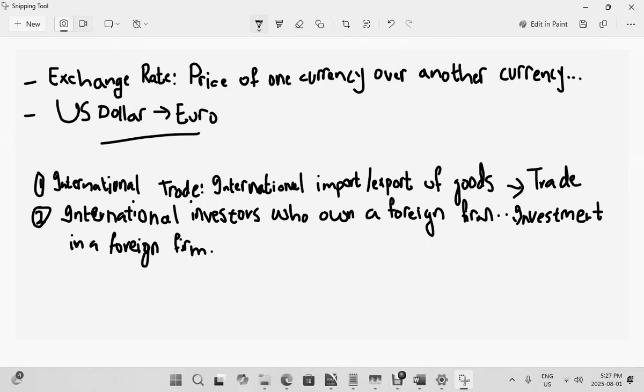Now, apart from international investors who invest in a foreign firm, you also have international investors who make financial investments.